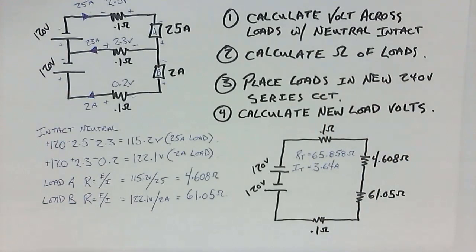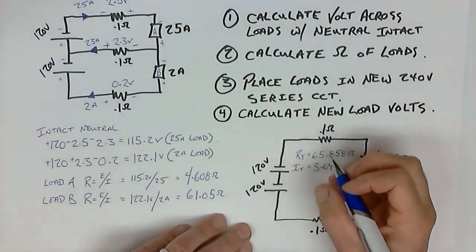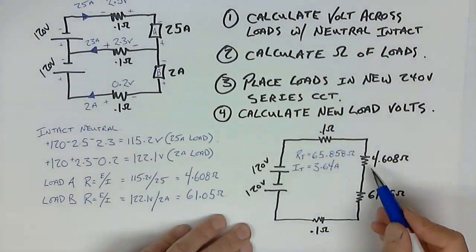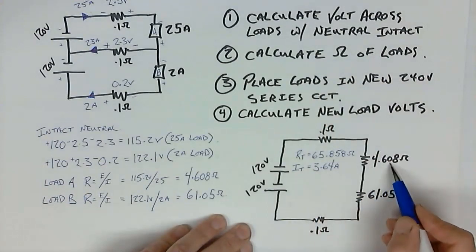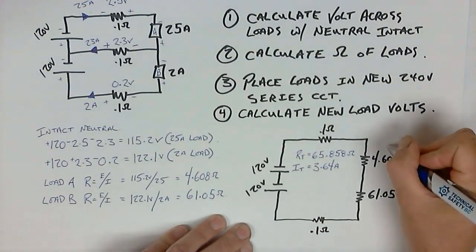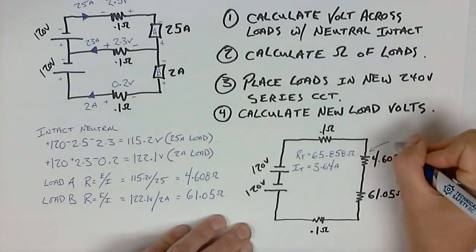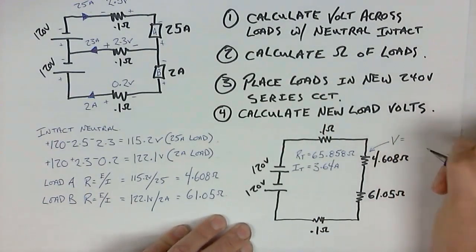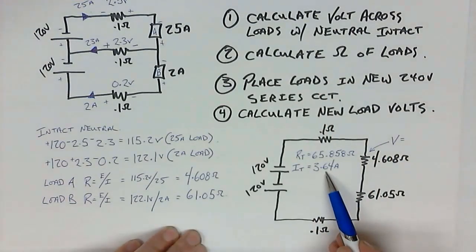So Ohm's law again, right? E, or voltage, is equal to the current times the resistance. So that means that the voltage across this resistor here is equal to the current multiplied by the ohms.